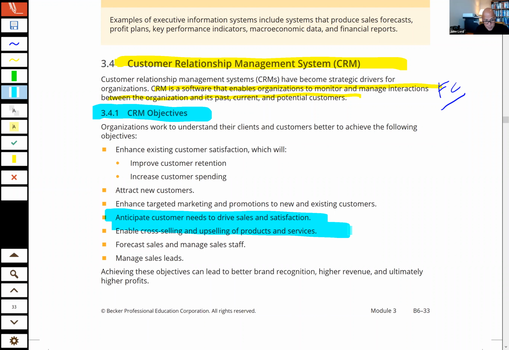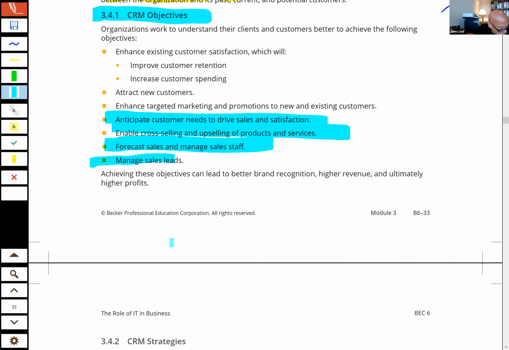Okay, well, let's send this person now 52 emails about shirts that go with the pants that they bought, whatever, right? Forecast sales and manage staff. Manage sales leads. All of these things are obvious kinds of things that are the objective of these annoying customer relationship management systems that we're all exposed to now.